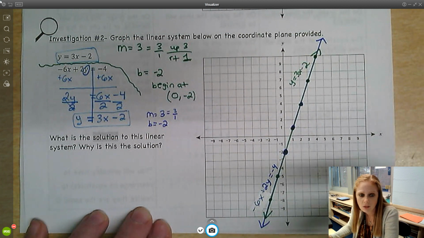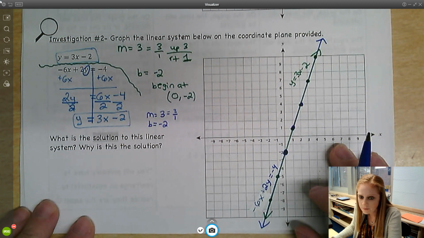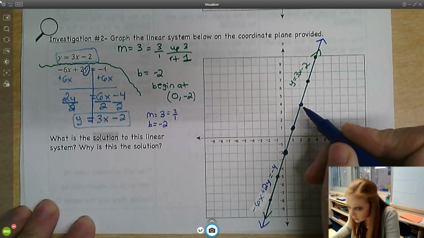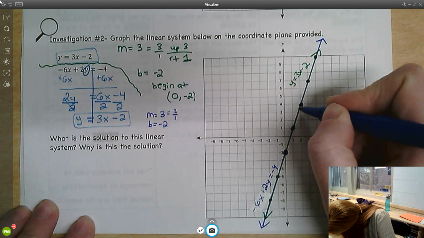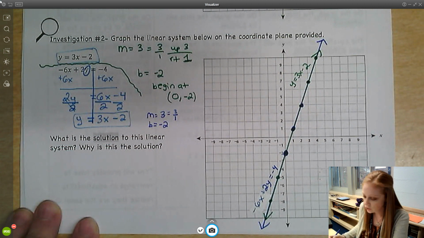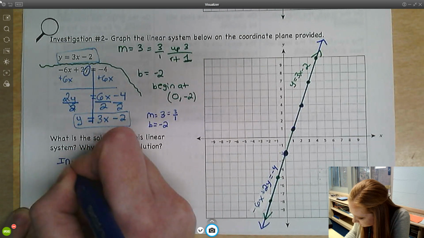They're the same line. So if a solution is where the two lines intersect, looking at these two, they intersect here and here and here and here, and in between all these points. They intersect everywhere. They intersect infinitely many times. So what is the solution?